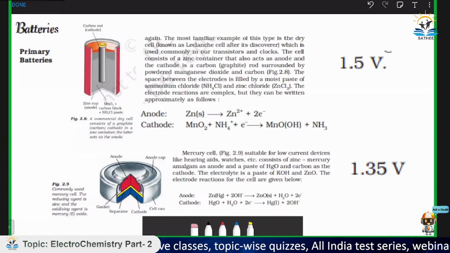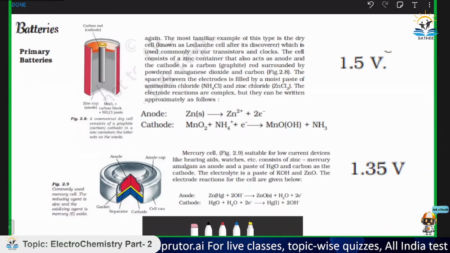The electrode reactions are complex, but when simply written, that's all. Zinc turns to zinc plus 2 at the anode. Your MnO2 and carbon black paste also serves as cathode. Cathode rod is like a storage supply. Your actual cathode is the MnO2 plus carbon black paste. Zinc chloride serves the salt bridge thing.